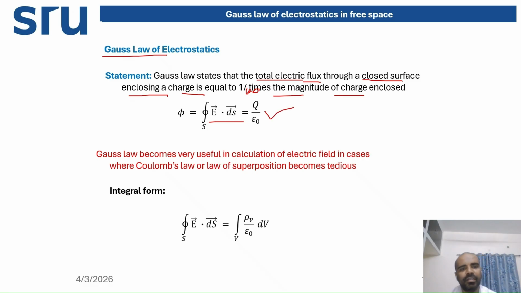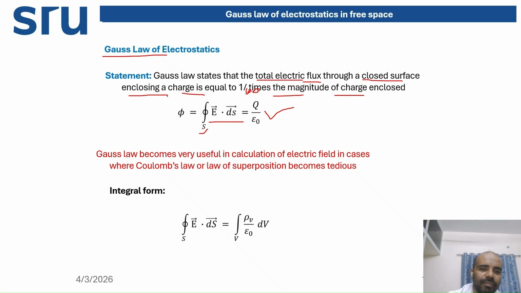This is the statement of Gauss's law, that is, the total electric flux is equal to q by epsilon naught, or 1 by epsilon naught times the total charge enclosed. So the closed surface integral of E dot ds, that is the flux, is equal to q by epsilon naught. This is the mathematical form of Gauss law of electrostatics, right?